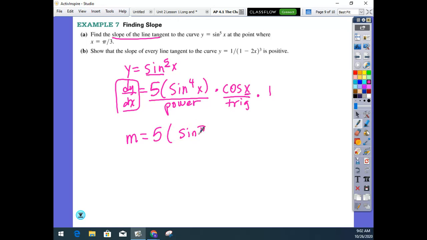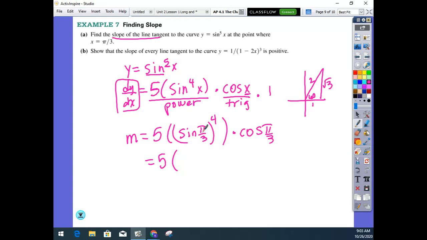Now remember, we're taking 5 times sine of pi over 3 to the 4th times cosine pi over 3. Pi over 3, 180 divided by 3, 60. 1, 2, square root of 3. Sine of pi over 3 is square root of 3 over 2, to the 4th, times cosine pi over 3, 1/2. All right, so let's just take the 5 times 1/2 to get 5 halves.